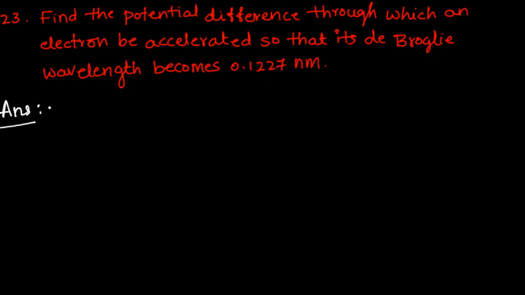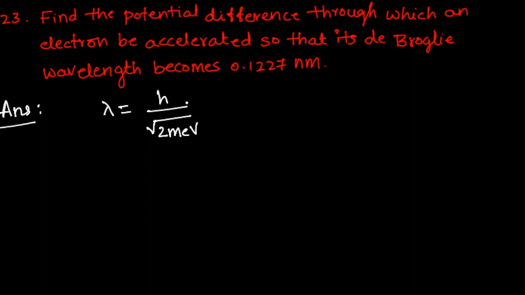See, we know that the de Broglie wavelength is given by lambda is equal to h by square root of 2meV. h is Planck's constant, m is mass of the electron, e is charge of electron, and V is potential difference.